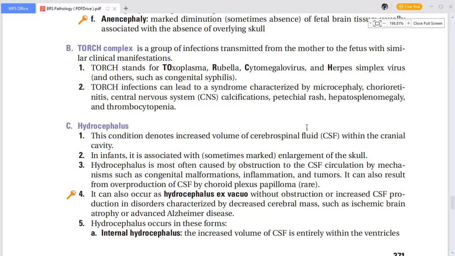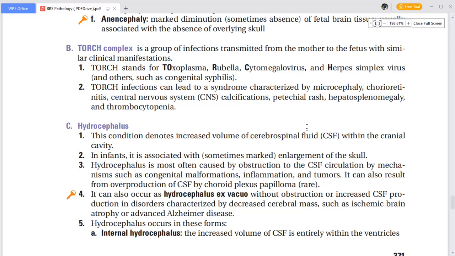Or maybe everything is okay and there is nothing obstructing the CSF movement, so you are going to have communicating hydrocephalus.